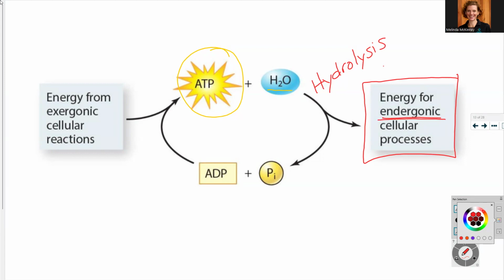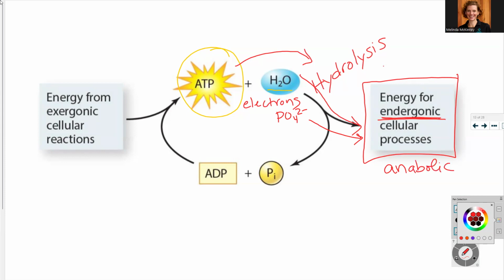So we're going to couple the breaking apart of ATP with the building up of something else. So we're taking the chemical energy basically in these electrons. So these electrons here are really high energy in the phosphate group, particularly, and some of those are going to get transferred over here. And then those are going to be used to drive reactions. These would be reactions that are going to be anabolic reactions.